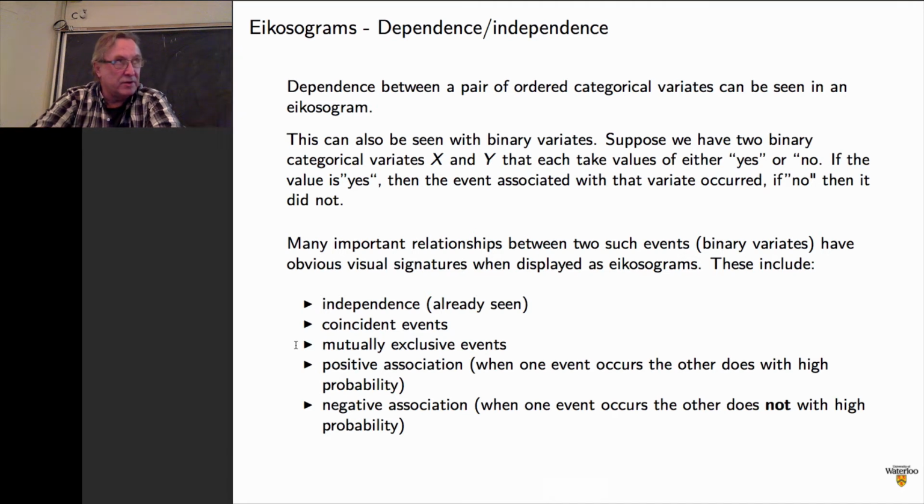And people often draw the same diagram of non-intersecting circles for both of those, and one of those is quite wrong. Okay? So the Eikosogram has the advantage of being able to distinguish all of these things just by having a look at it, and to see whether there's positive association in the sense that given one event happens, the other is also more likely to happen.